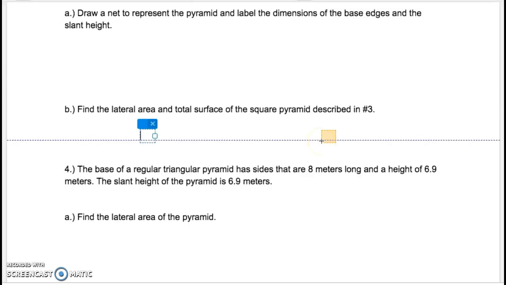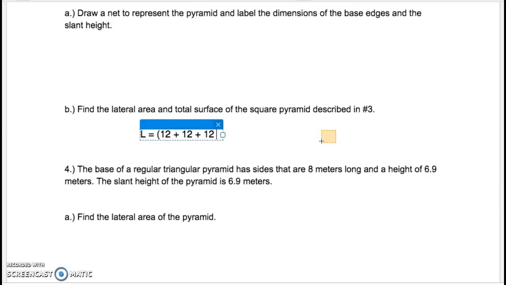Alright, B. Find the lateral area and total surface area of the square pyramid described in question number 3. So, to get the lateral area, we would do L equals 12 plus 12 plus 12 plus 12, because that is the perimeter of the base.